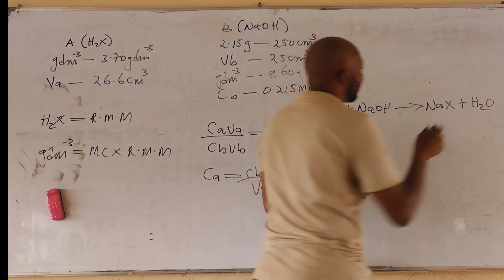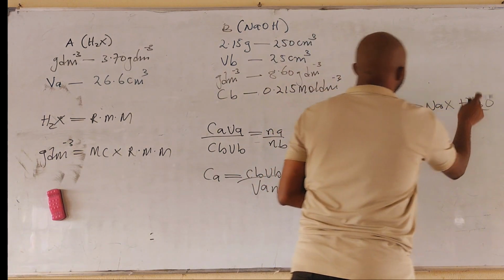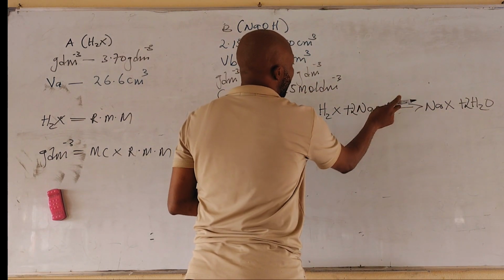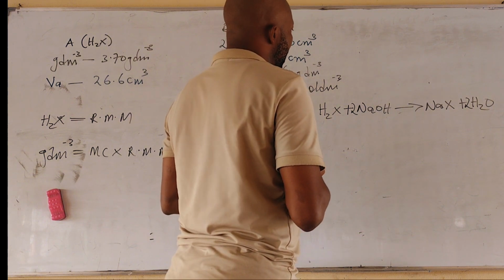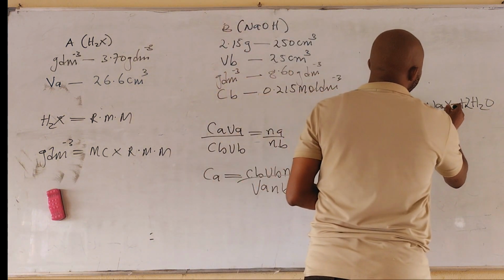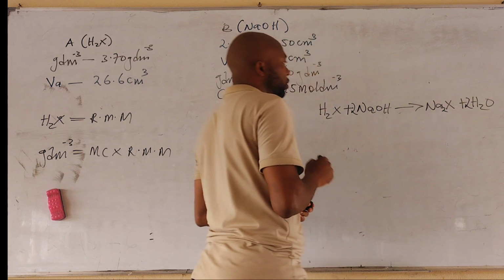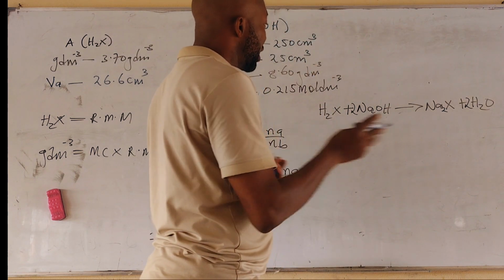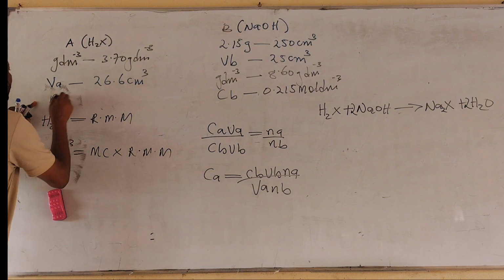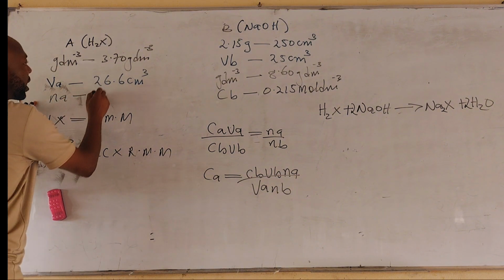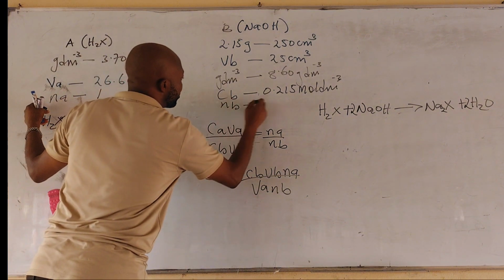Then we have 2. If I put 2 here, I will have 4 hydrogen. I put 2 here, I have 2 plus 2, 4. So my hydrogen is balanced. Now sodium is now 2. I put 2 here, I now have 2 sodium, 2. So from there, the equation is balanced. So the number of moles of acid, NA, will now become 1, and my NB will become 2.